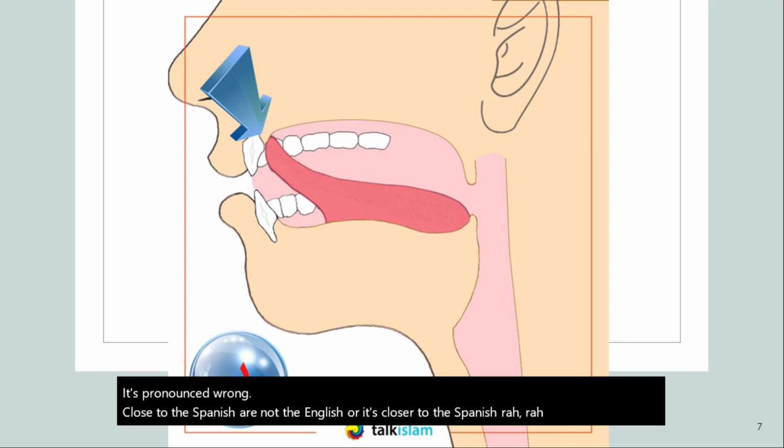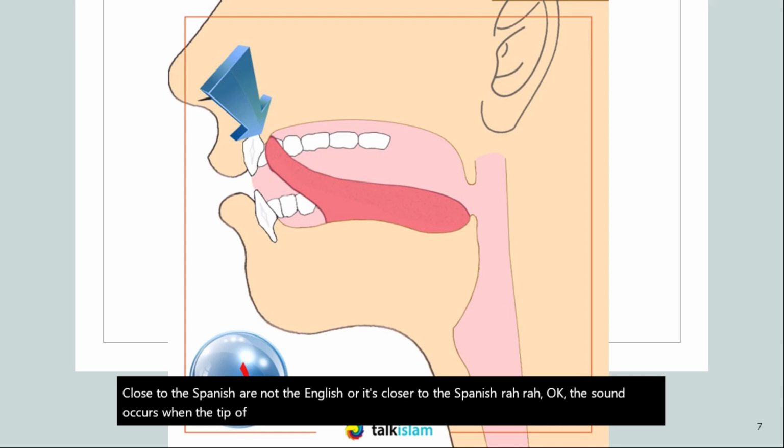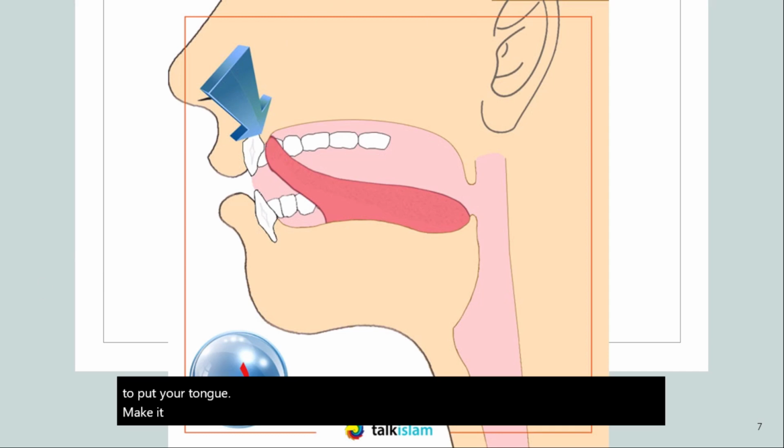The sound occurs when the tip of the tongue presses to the surface of the upper palate, as you can see here. So try to put your tongue to touch the upper palate, and try to pronounce it.